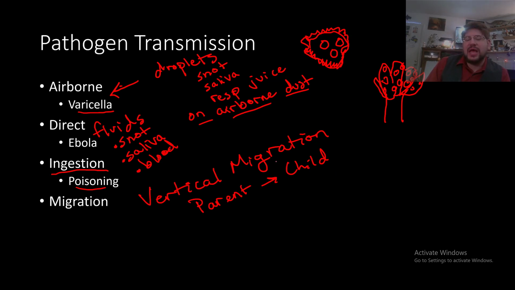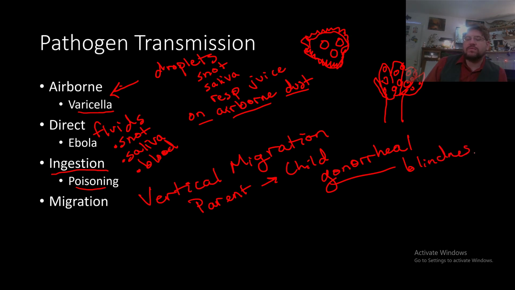One of the most common causes of blindness in the world is gonorrhea. So what happens is you have a gonorrheal infection of the vaginal tract, and during childbirth, when the baby passes through the vaginal canal, it comes into contact with gonorrhea. Specifically, the eyes come into contact with gonorrhea, and you get gonorrheal blindness.